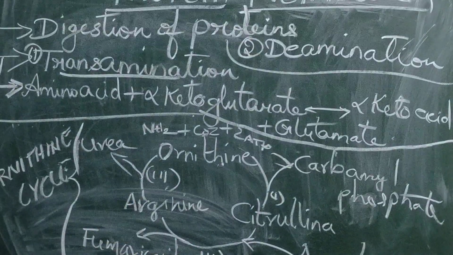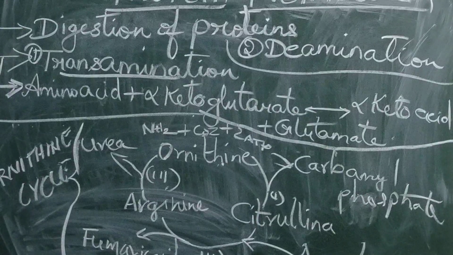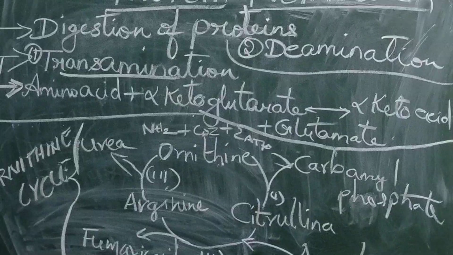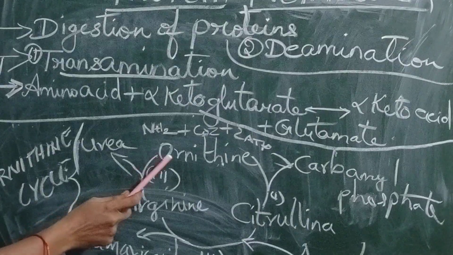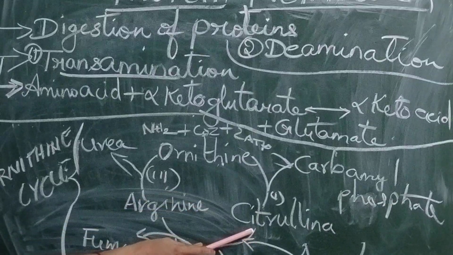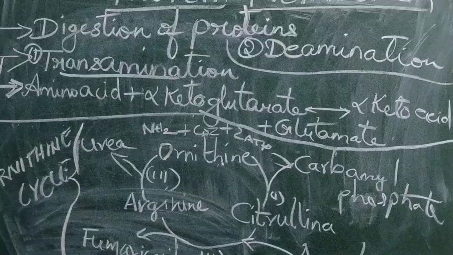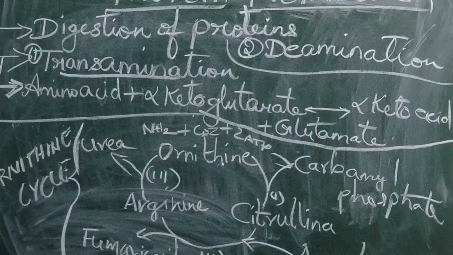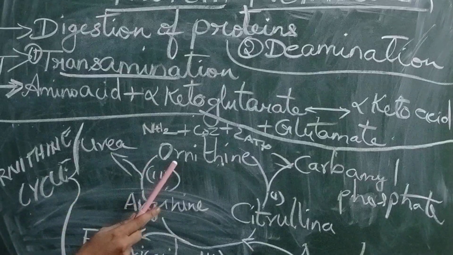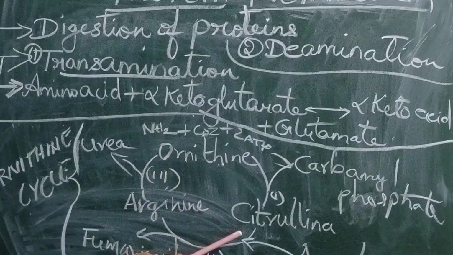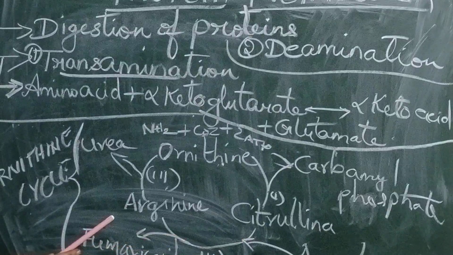The ornithine cycle consists of 3 main reactions. First, conversion of ornithine into citrulline, then conversion of citrulline into arginine.